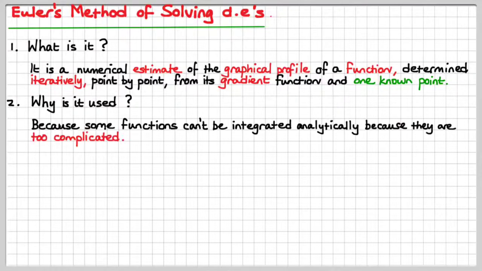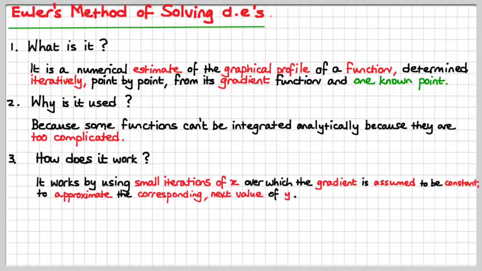Why is it used? Well, it's used because some functions cannot be integrated analytically because they are just too complicated. Yep. How does it work? Well, here it comes. It works by using small iterations of x, over which the gradient is assumed to be constant.